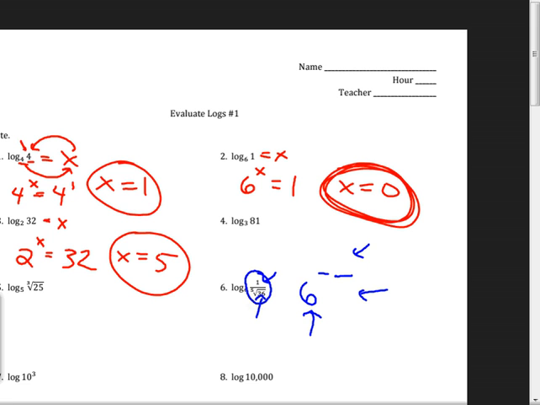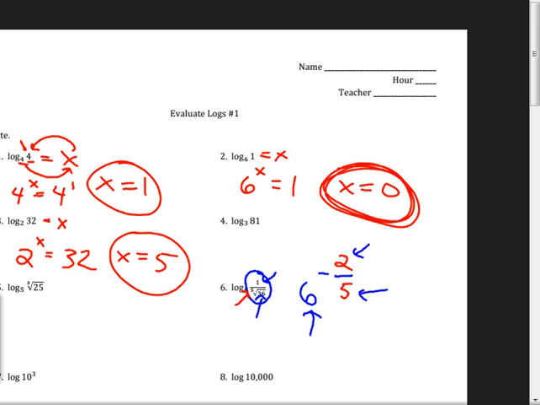How do I make a 6 into a 1 over the 5th root of 36? Do you see how it says 5th root in there? Please tell me you can see the 5th root. If it's the 5th root, roots go on the bottom. Remember? And then, how do I get the 6 to turn into a 36? Squaring, and therefore there's only one spot left, and it's right there.